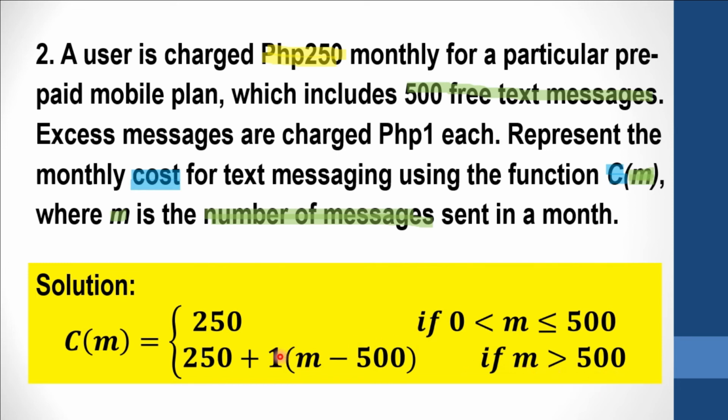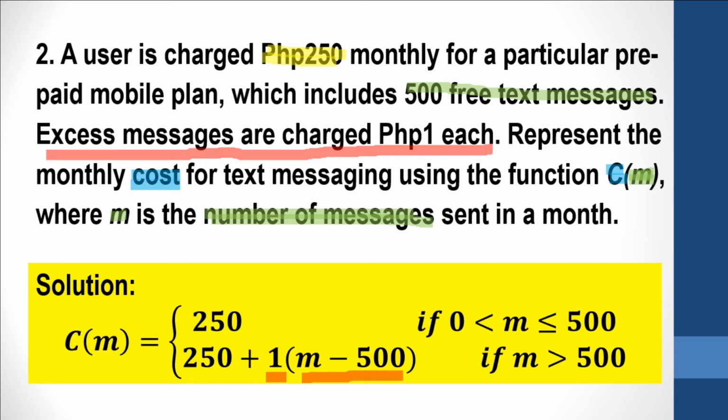So, we use this function. Saan galing to? 250 means ito na yung first 500 na na-send mo. Plus, meron tayong condition dito, di ba? Excess messages are charged 1 peso each. Excess meaning yung sobra. So, we have plus 1 peso times quantity M minus 500.